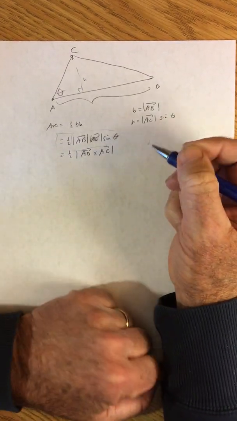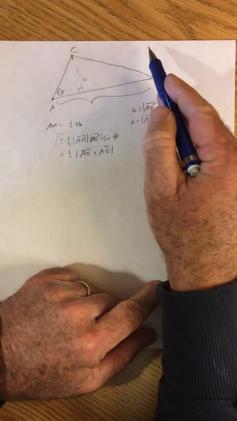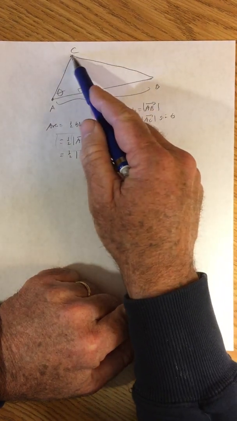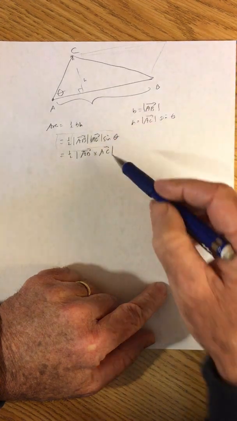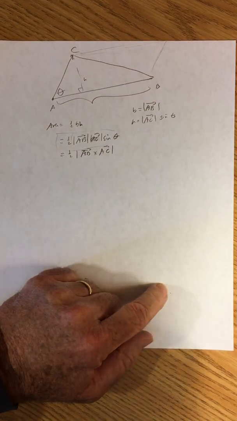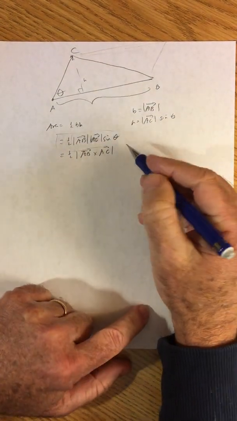And if you look in the book, they also talk about the parallelogram that contains something like this. And that's just without the 1/2 on it. It's no big deal. You should be able to figure that out if you've read the book.